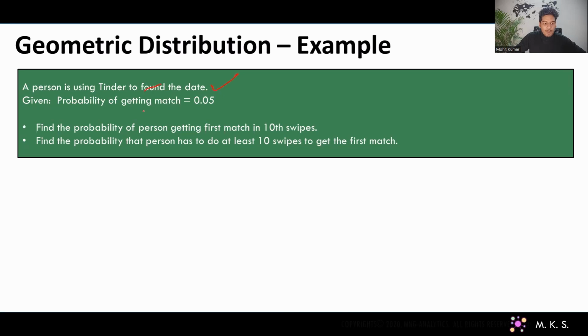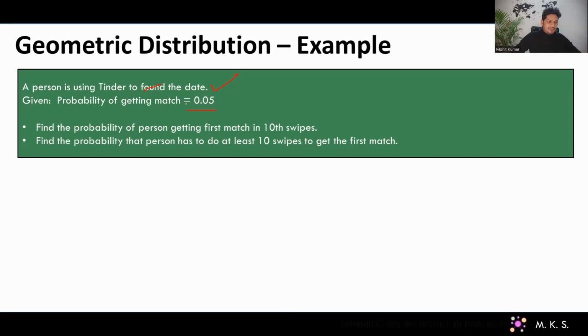Now, the probability of getting matched depends on your personality, guys. As I mentioned, it depends on your DP, the content you have put on the Tinder profile. You will have different probabilities of getting matched. But there is a person, let's say, who has probability 0.05, which means out of 100 swipes, he will get 5 matches. Very general, and we can say, yeah, practical, right?